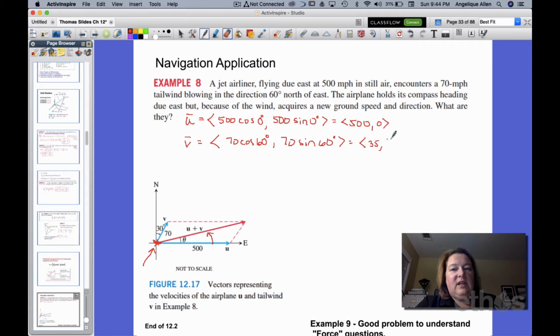And 70 times sine of 60 is going to be 35 root 3. It actually didn't tell you how to round, so when it doesn't, don't round. At least put the proper answer in exact form and then round it if you're going to round when they didn't tell you to. Okay, so we need to add u plus v.